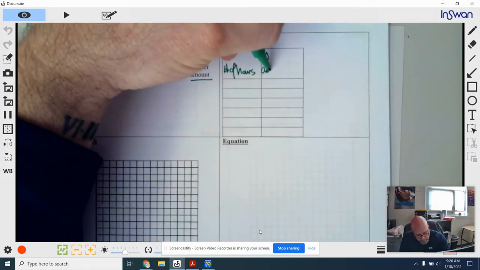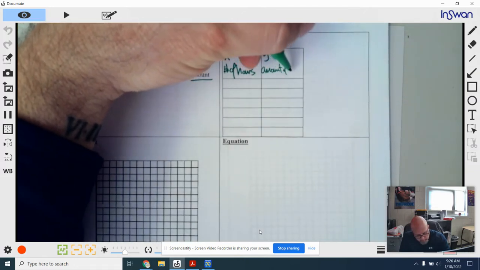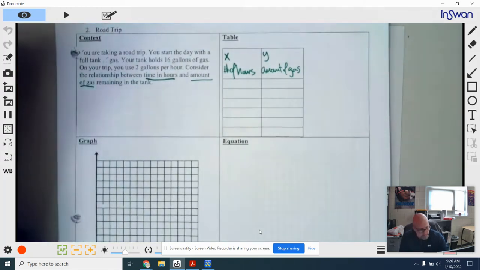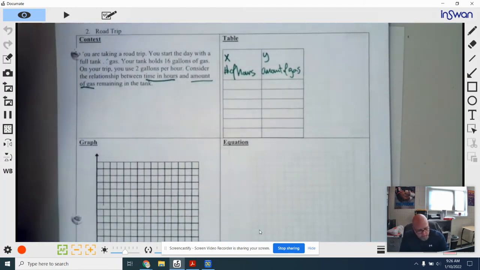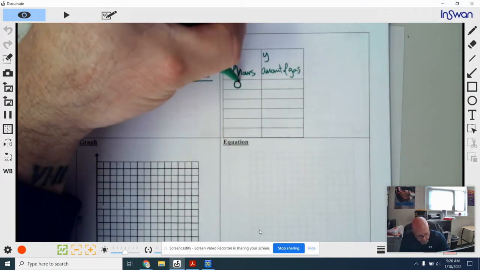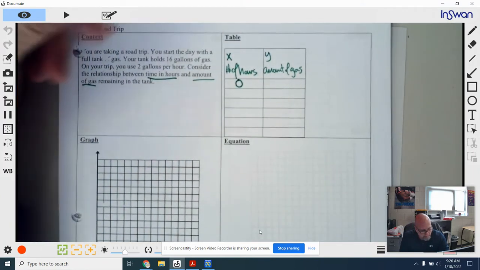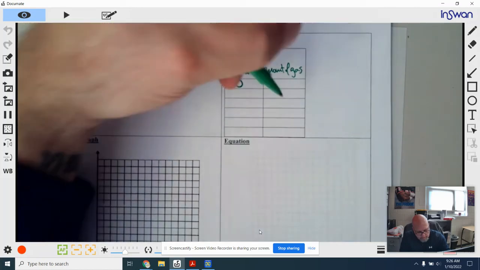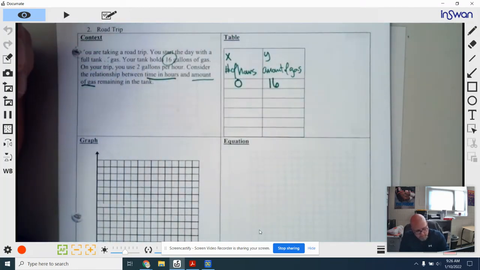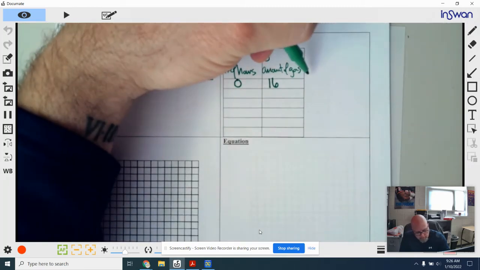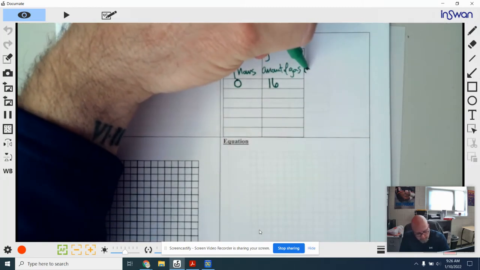So we could say amount of gas. Okay, you start the day, which means you spent 0 hours driving. And when you start the day, you got 16 gallons of gas. So we can put 16 there. Maybe I should say up here too, amount of gas. I'll put G for gallons.